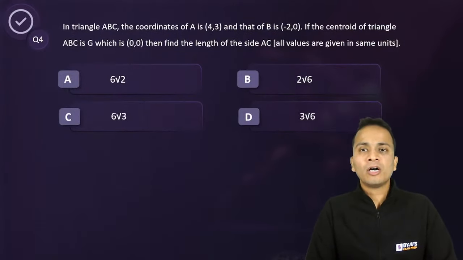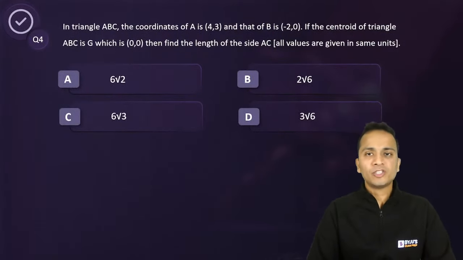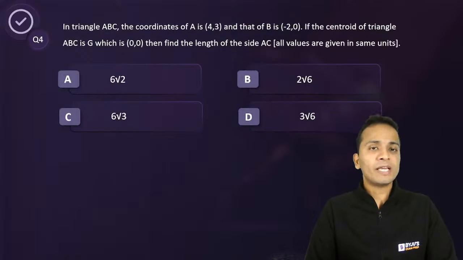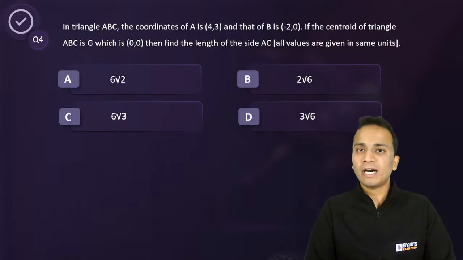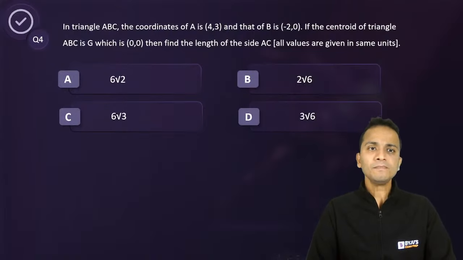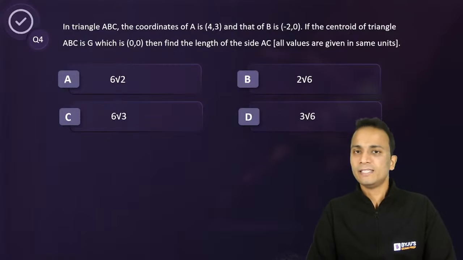A question on coordinate geometry having the concept of a centroid of a triangle. In a triangle ABC, the coordinates of A and B are given. If the centroid of the triangle ABC is (0, 0), then find the length of side AC.